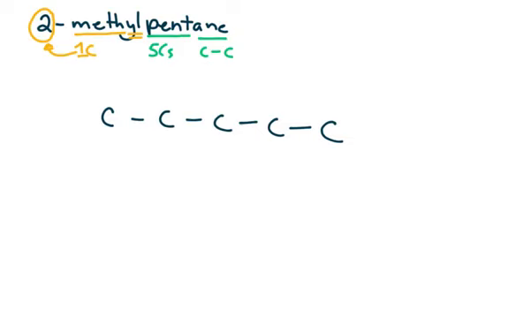So if I were to number my carbons, I can number from left or right. Because I'm doing the drawing, I get to decide. I usually number from the left, but it makes no difference. So the 2nd carbon in is where this action is happening. I've got 1 carbon big, a methyl. So I'm going to do a bond to a single carbon. That is now what we call our carbon skeleton. So this is 2-methyl pentane.